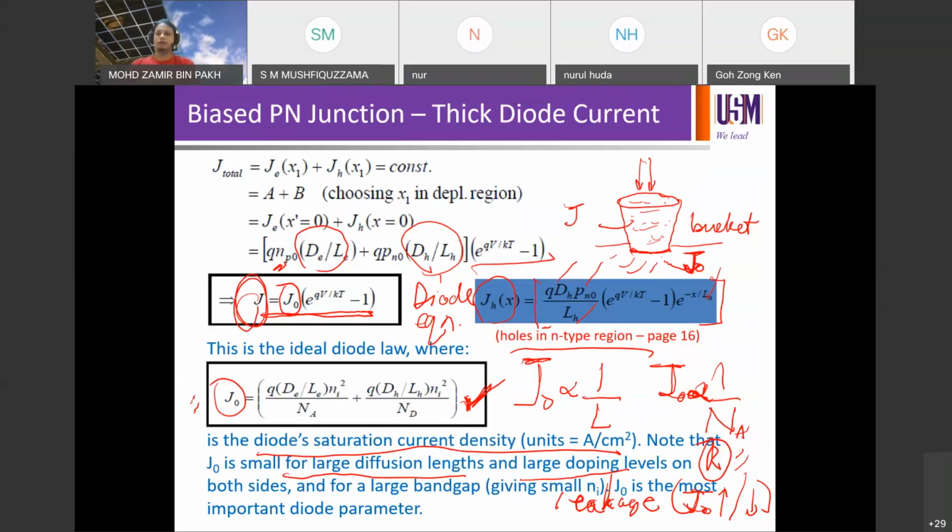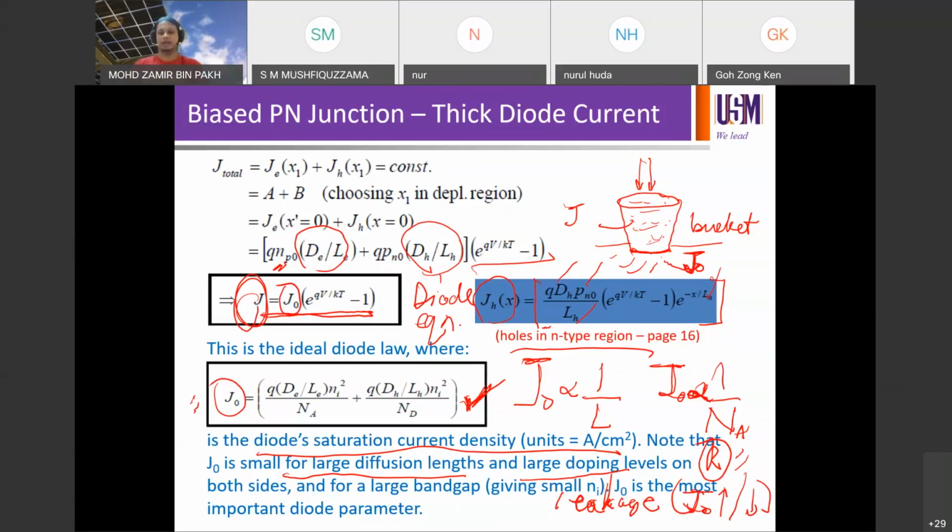Auger, right? Auger recombination, which dominates beyond 10^17. So if you go to 10^19 in order to improve conductivity, it comes with increased recombination as well. So increased recombination will somehow lead to increased J naught as well.